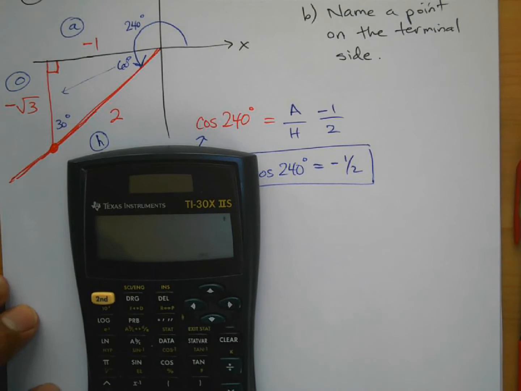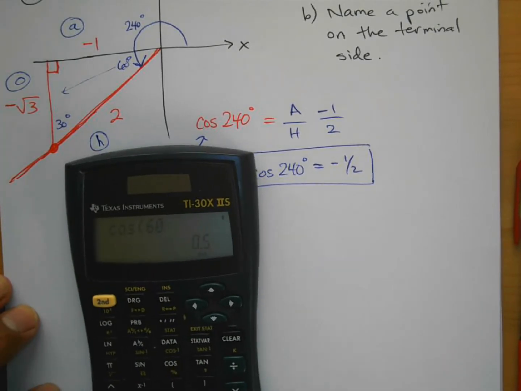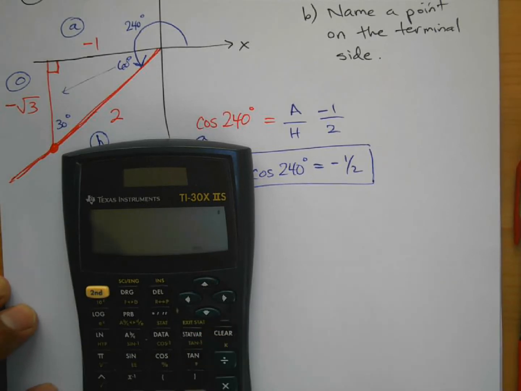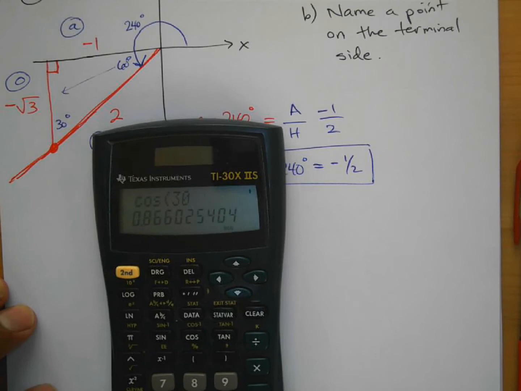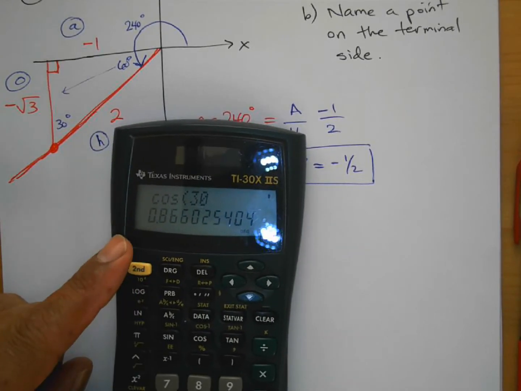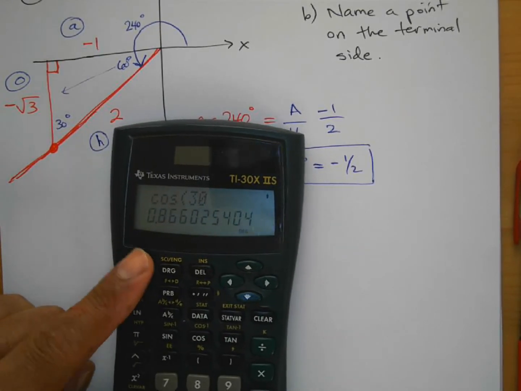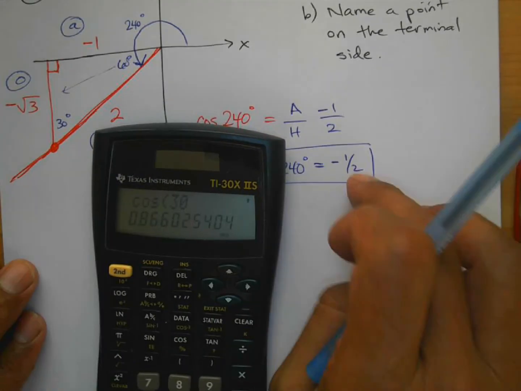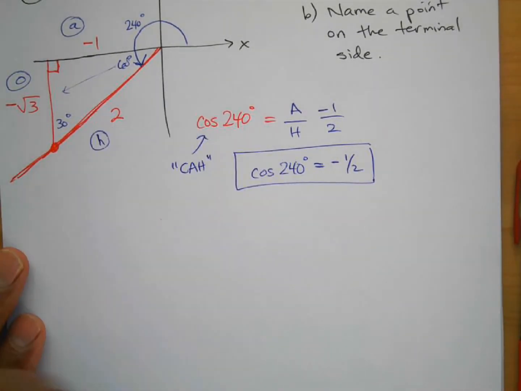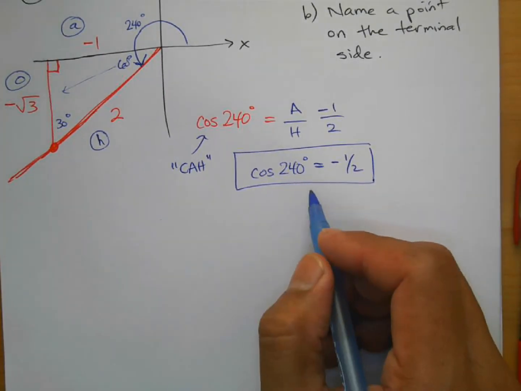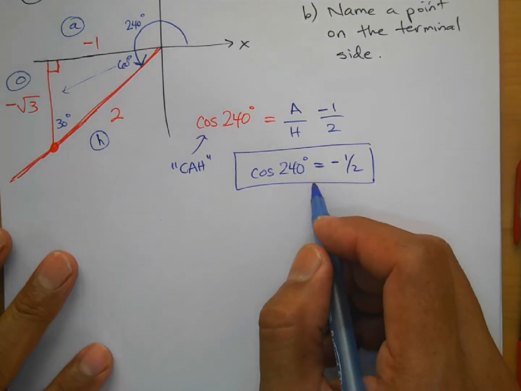When you start doing other ones, like cosine of 60, or cosine of 30, you start getting these. These are not exact values. This is not what I want to see. I got to see a ratio, something with a root or a numerator and denominator. Okay. So that answers part A.